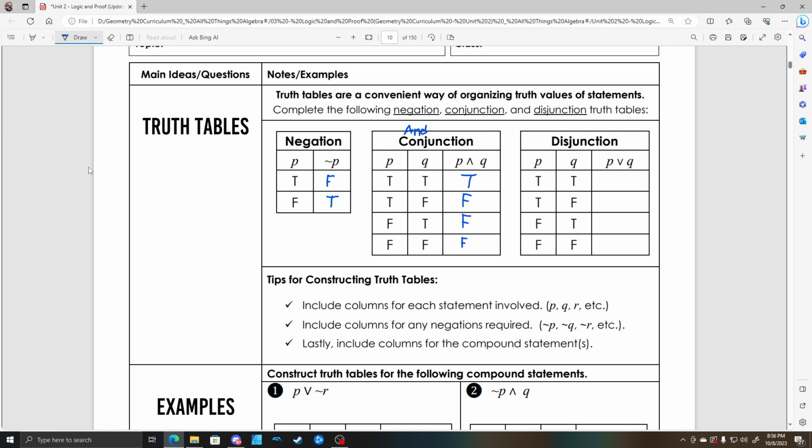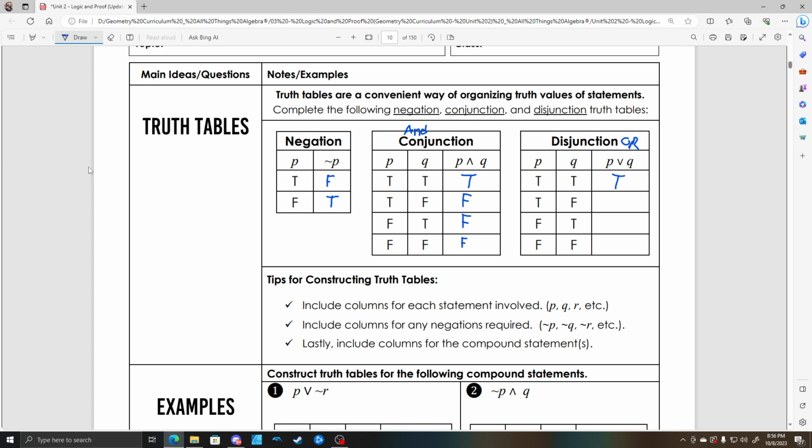Now let's look at disjunction, which of course is or. Now, or is a little bit different because only one of the two has to be true. So anywhere where you see a true, as long as P is true or Q is true, the statement is true. So if we look here, this one's true and true, so that's obviously true.